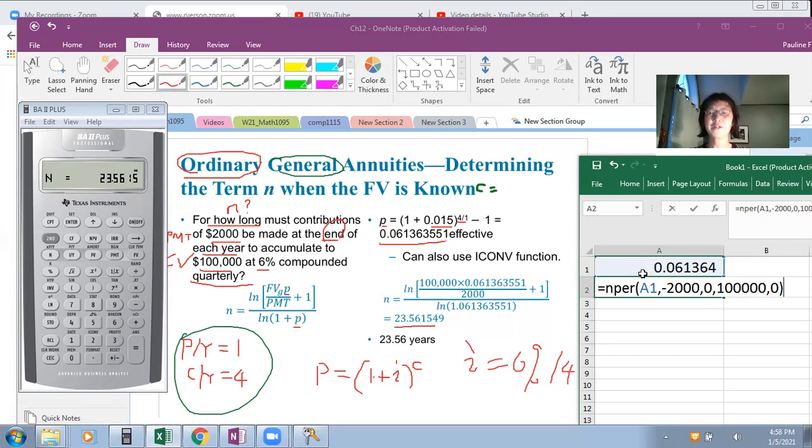Okay, press enter key. So you get this number. Okay, exactly the same number as we get by formula. Okay. So this is a question about calculate term N for ordinary general annuity using 3 different methods.